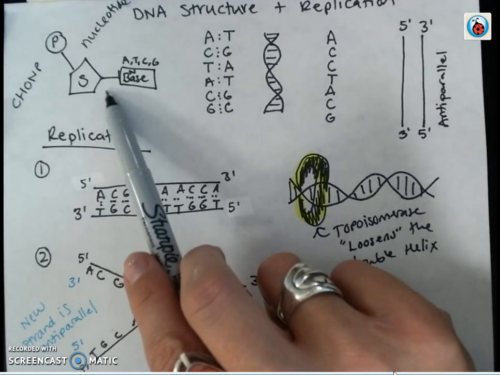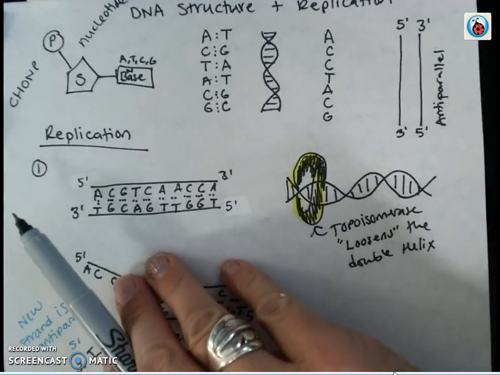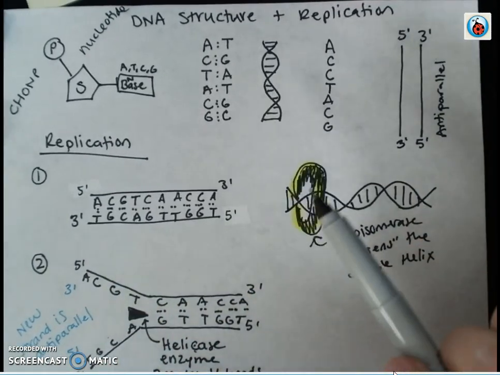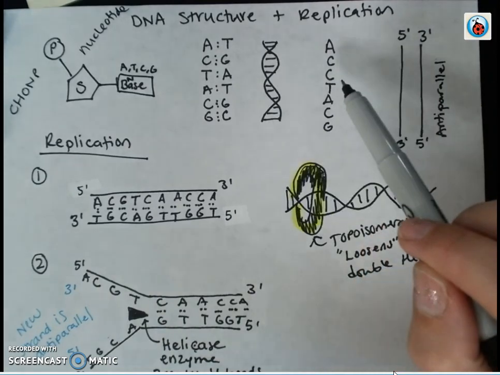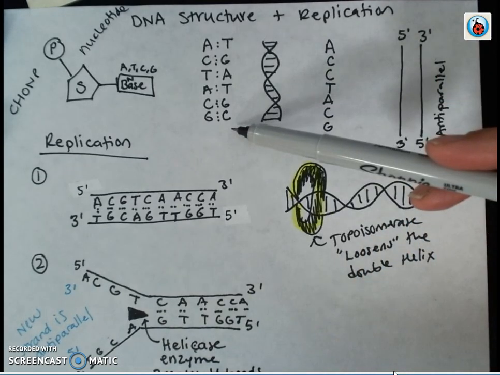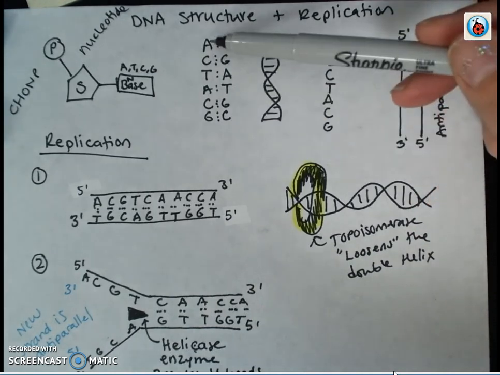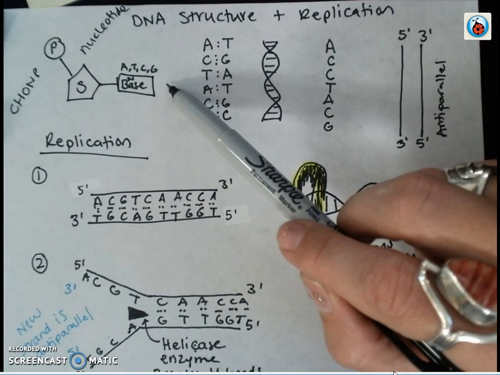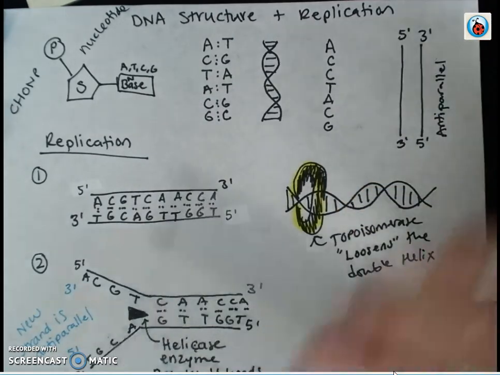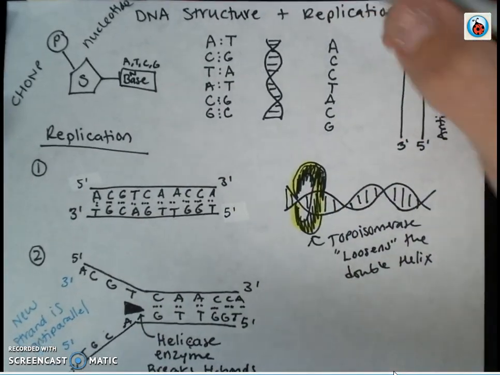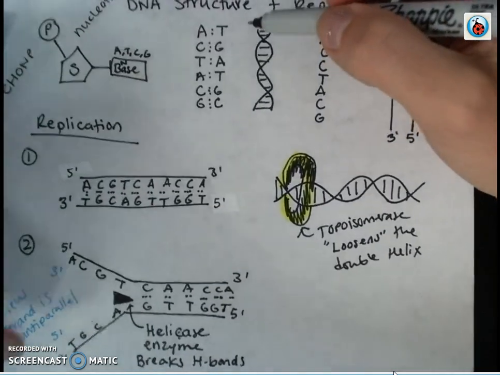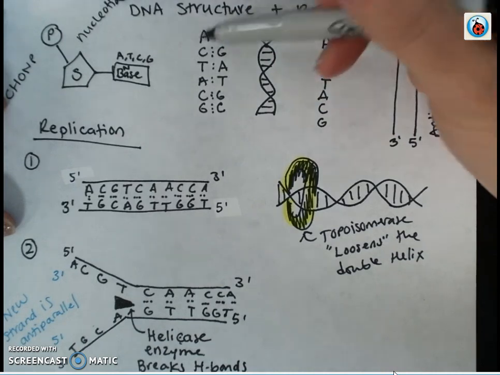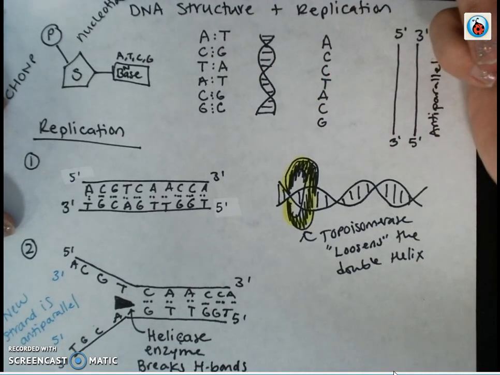And these nitrogen bases, as monomers, hook together to form a polymer. So DNA is a polymer, a nucleic acid, made out of these nucleotides. When you see something like A pairs with T, it's really a nitrogen base A pairing with another nitrogen base T. When we talk about base pairing, A will always pair with T with 2 hydrogen bonds, and C and G pair together with 3 hydrogen bonds.